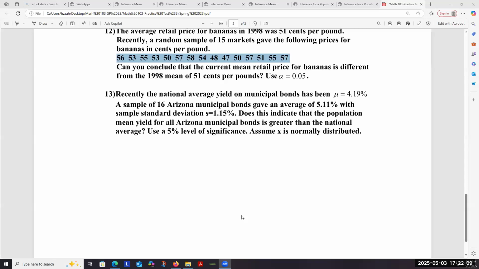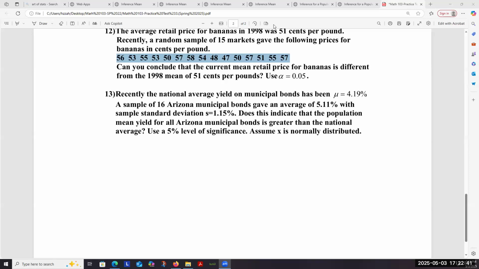So this means mu is greater than 4.19. So we want to check it with the 5%. They give you the sample size and the S. So all the information is given. It's not like the previous one that you have to find by looking at the numbers. You have the average, so we can go ahead and do it right away.